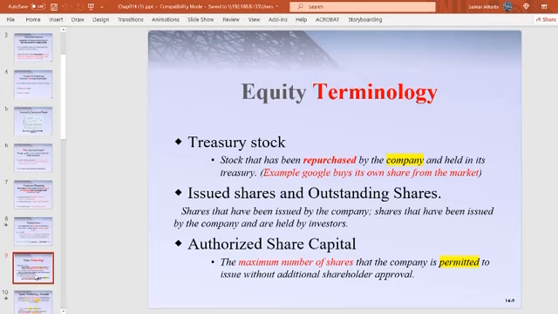Let's say I am a shareholder in the company and the company wants to issue new shares. They need my approval, because if they bring in more shareholders, my ownership in the company will be lower. So first, they should offer me the chance to buy shares. If I don't have money, then they offer it to the public.